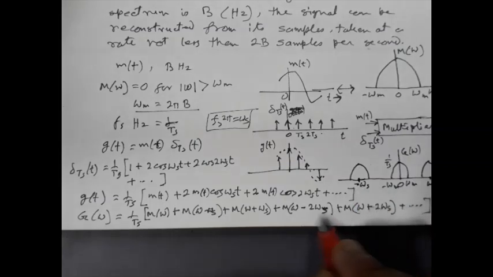Similarly, these two terms are M(omega) shifted by twice omega s. That means it will be a periodic structure.